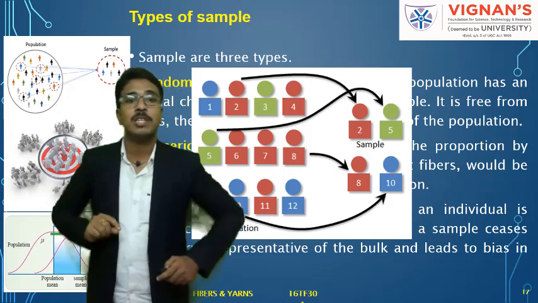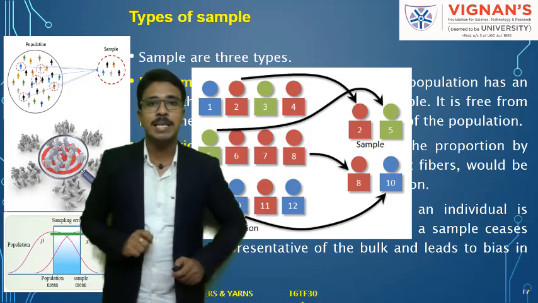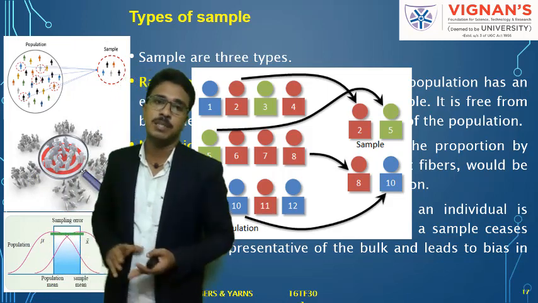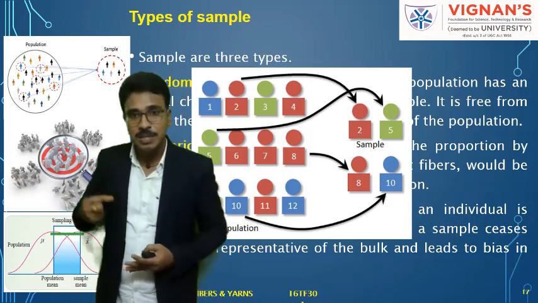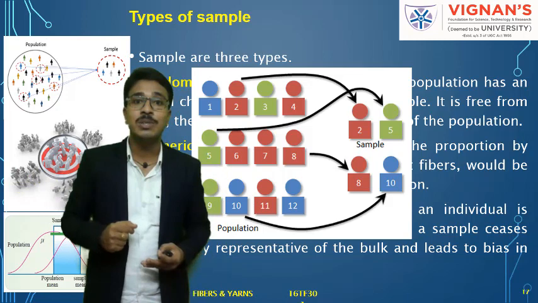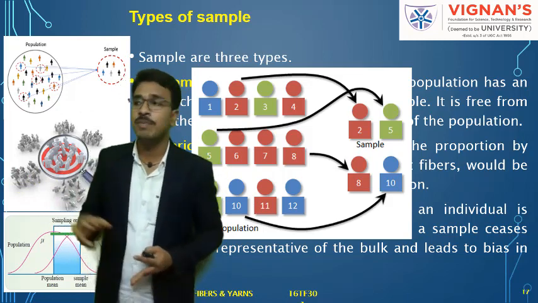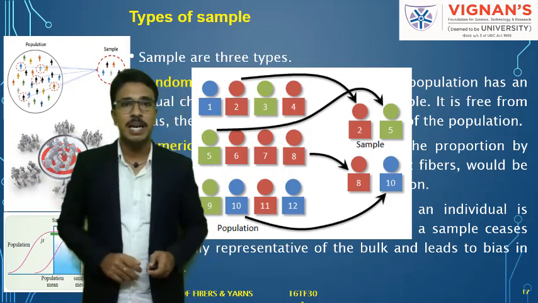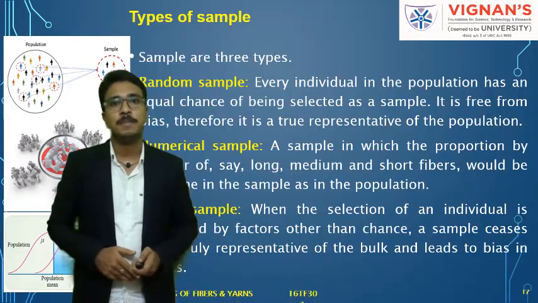That kind of sampling is called biased sampling. If you do biased sampling, it won't truly represent your population, and whatever test results you get are not true. They are not the true representative of the entire population. So this is called biased sampling, and these are the different types of sampling.